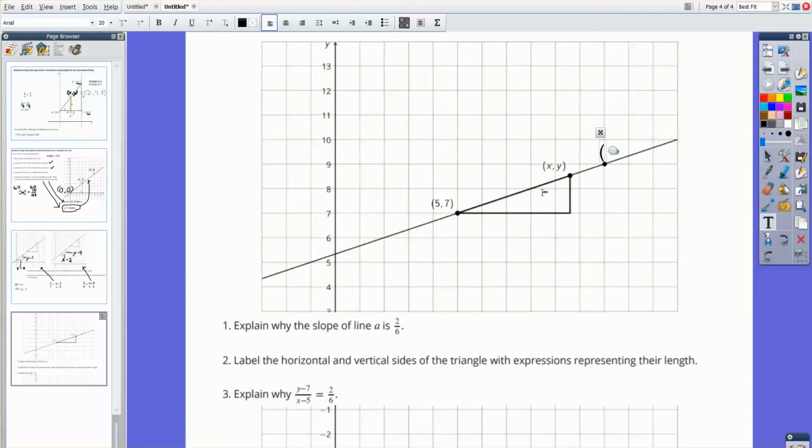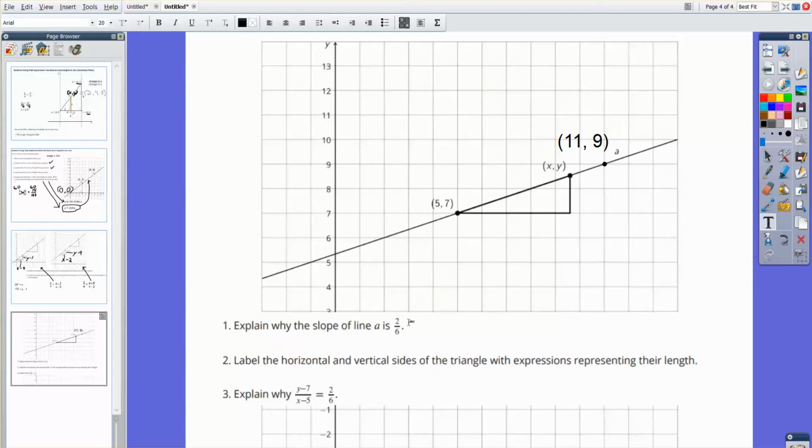It's not 7. Sorry, let's see, 6, 8, 10, 11, 9. Okay, my apologies. So the ordered pair here is 11, 9, and I could use another ordered pair over here if I wanted to. The difference between the x and the y is 2 for the y and 6 for the x.